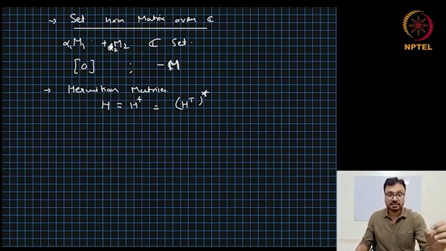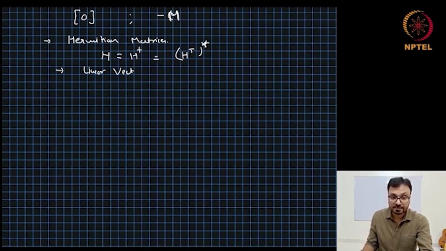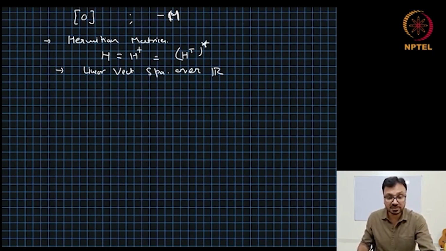This is interesting from the quantum mechanics point of view, because all the observables are represented by Hermitian operators. This set of Hermitian matrices forms a linear vector space over the real field. Although the elements of a Hermitian matrix can be complex numbers, it forms a linear vector space only over the real field, not over the complex field.